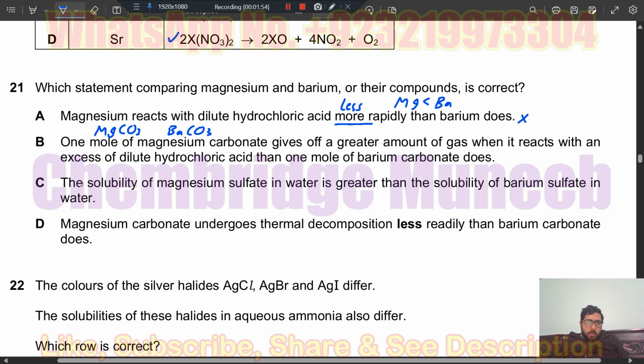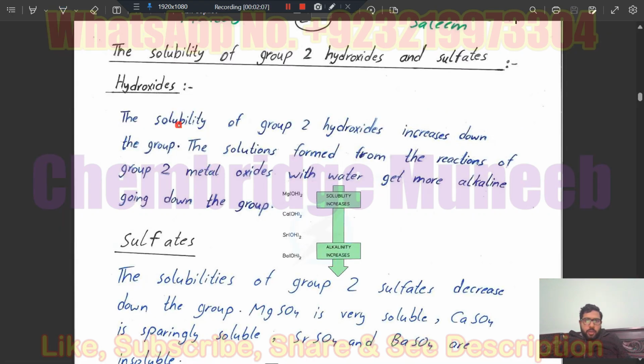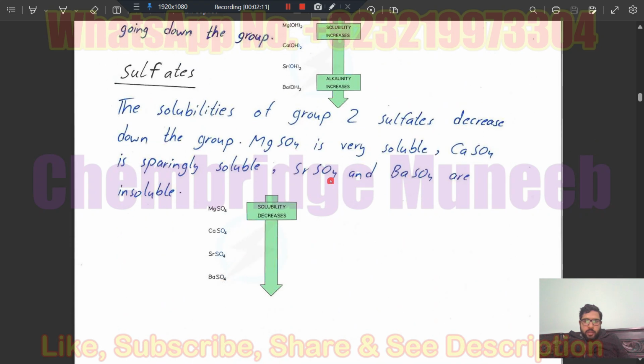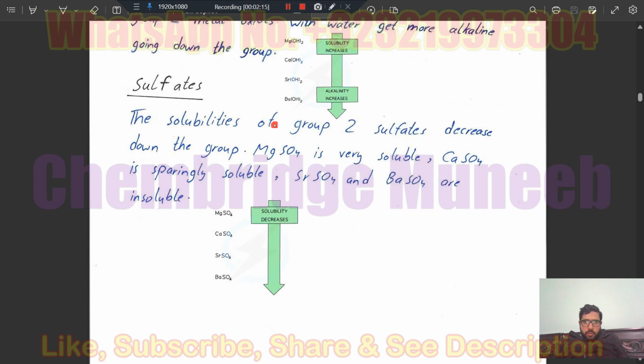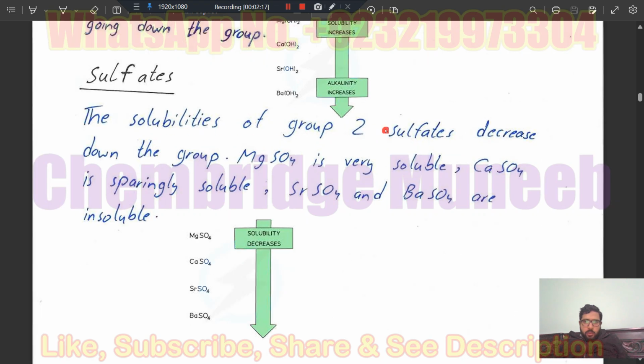The C statement says the solubility of magnesium sulfate in water is greater than the solubility of barium sulfate. So yes, that is so. I can show you through my notes as well. Here you can see the solubility of group 2 hydroxides and sulfates. On this page you can find that as we go down the group, the solubility of group 2 sulfates decreases.